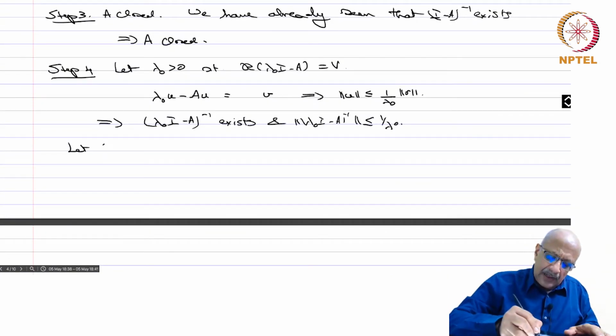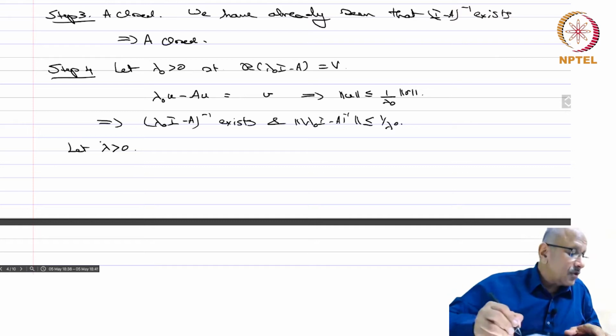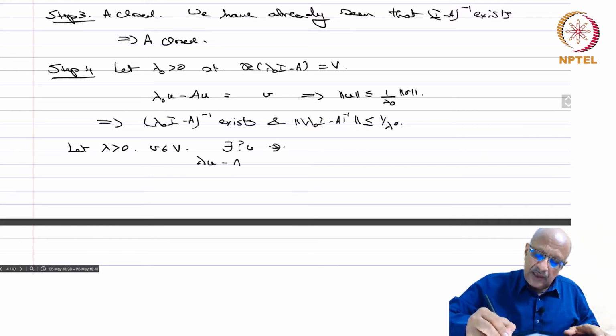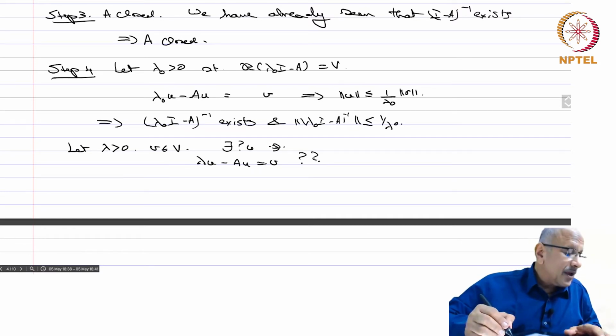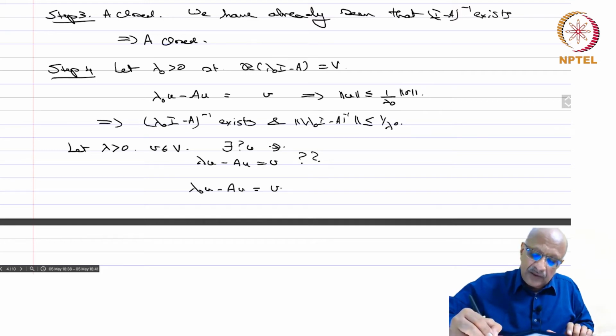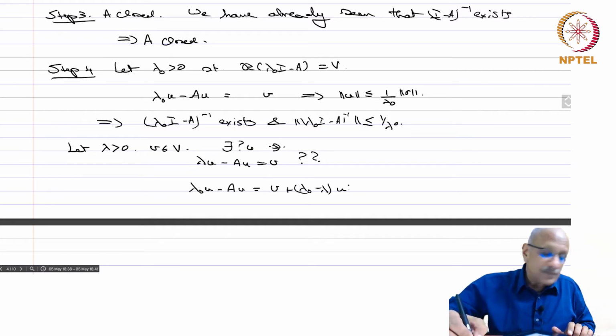So, let now lambda be greater than or equal to 0 and v in V, and we want to solve: does there exist u such that lambda u minus Au equal to v? Let me rewrite this as lambda naught u minus Au equals v plus (lambda naught minus lambda) u.